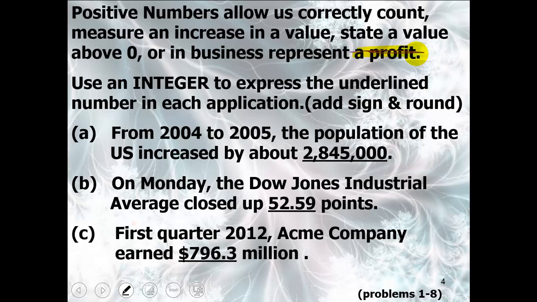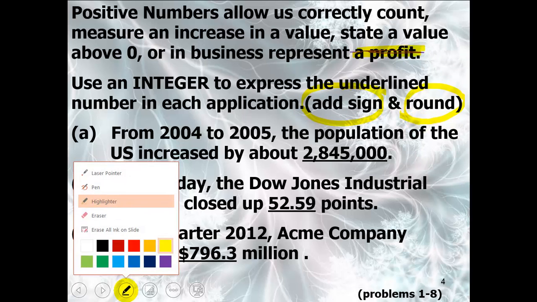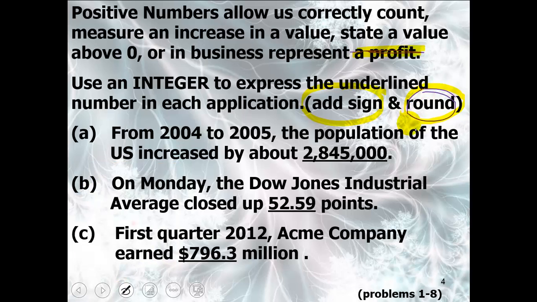They have an upward progress. So if you start with a positive number, in order to write it as an integer, you're going to add a positive sign and you're going to round to the nearest whole number. Remember, integers have to be wholes. And then they can have a positive or a negative, all right? So when we're talking about positive numbers, we're going to add a positive sign and round to the nearest whole number.